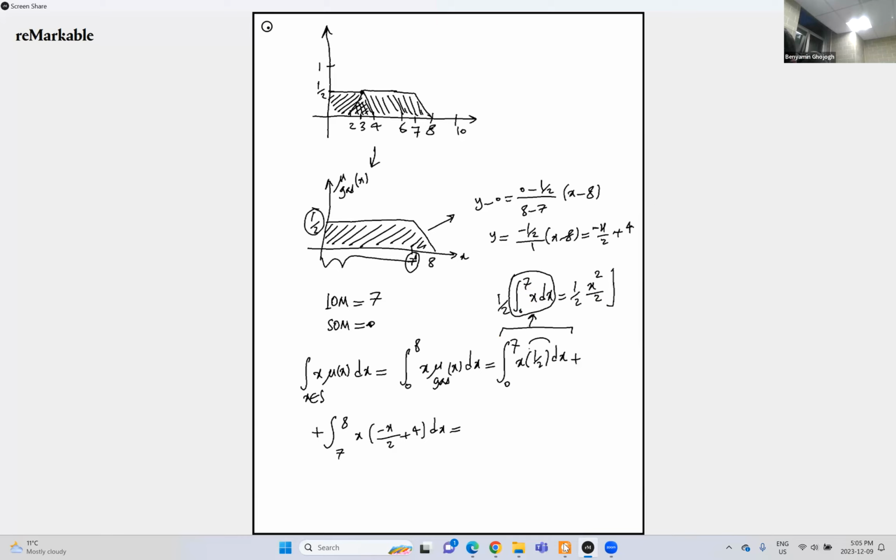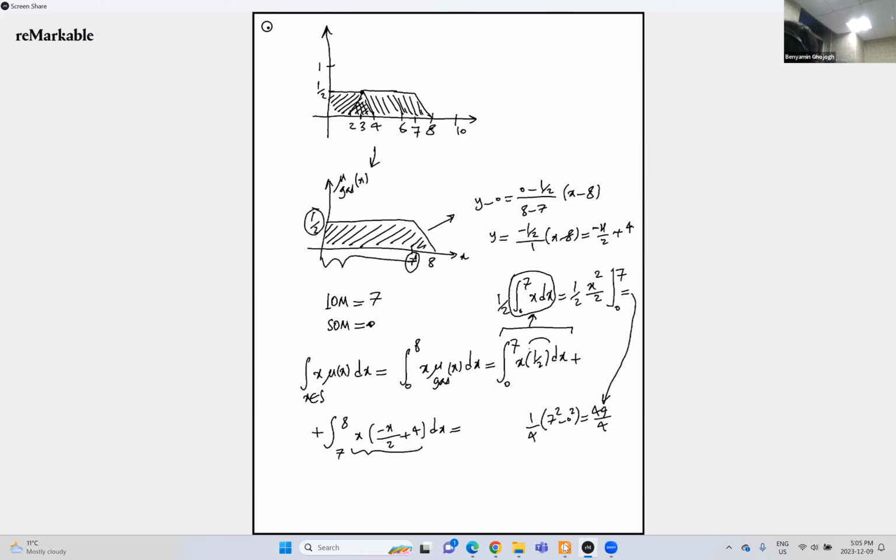So between 0 and 7, what would it be? Let me continue it here. So it will be 1 over 4 x squared. So 7 squared minus 0 squared. 49 over 4, right? Now let's calculate this integral.